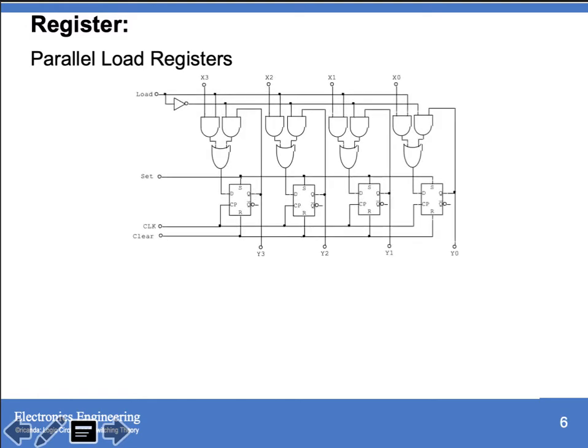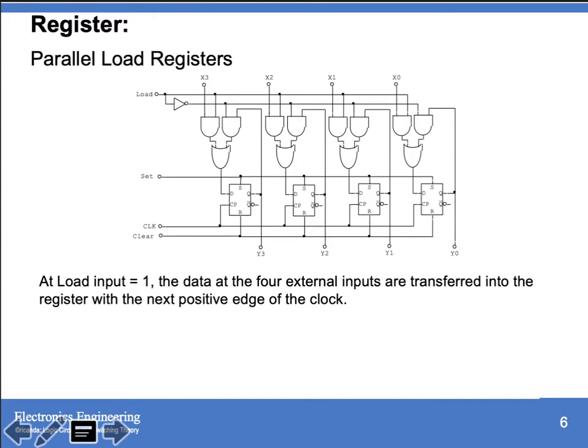Then we have another type of parallel load register, this time with a control. If the load input is equal to 1, the data at the 4 external inputs, X, are transferred into the register with the next positive edge of the clock. When the load is 0, the outputs of the D latches are connected back to their respective inputs.